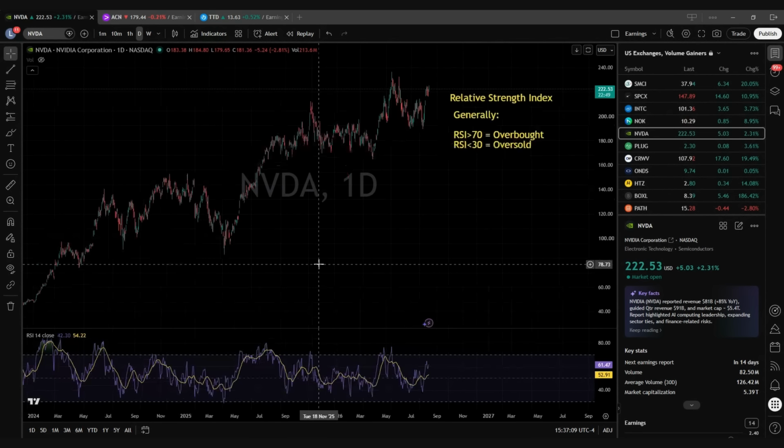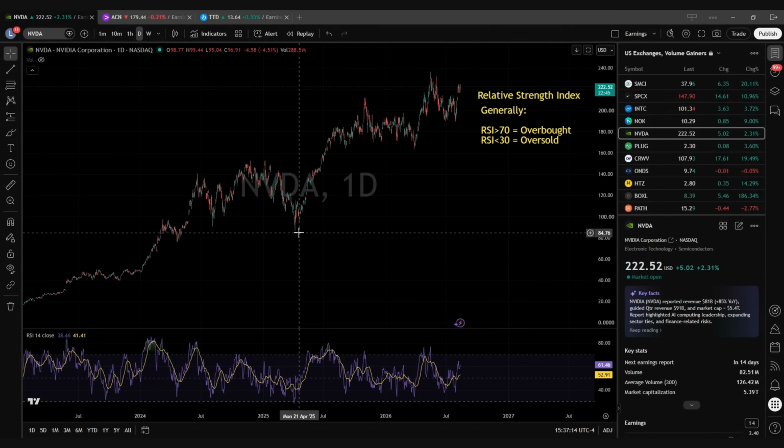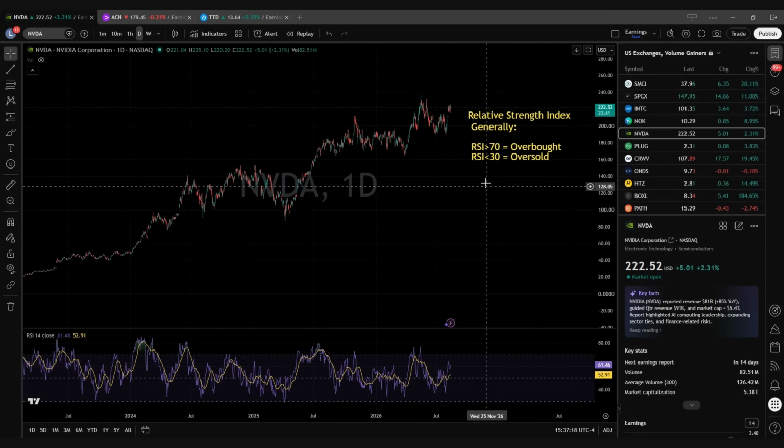Right. As far as oversold, getting down here at the low, yeah, it was oversold in April, and look at that amazing bounce. So in general, you can look at it as overbought and oversold, but I wouldn't use that as my singular only indicator for entering a trade.